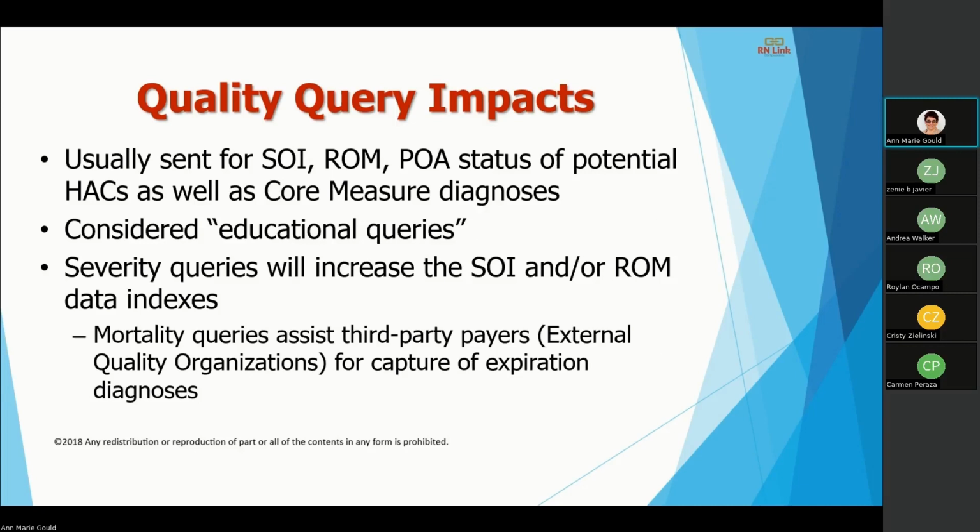That's your mortality queries. Well, guess who does mortality reviews for the hospital? It's your quality management department, right? So they ask CDI, say, hey, can you look at these cases for me? We only have a SOI of 2 and an ROM of 3, and the patient died in the hospital. Is there any way we can look at getting additional information, diagnoses?